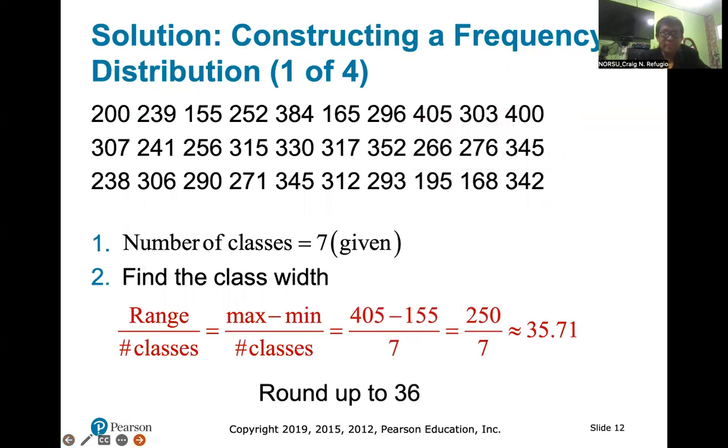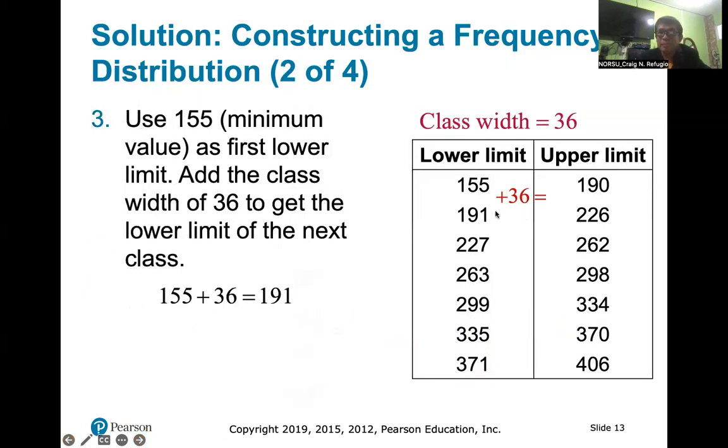So 155 plus 36, 191. And this is the lower limit, and we are going to find the upper limit in here. Before 191, it is actually 190. So we add 36 to 155 and also 36 to 190. So 190 plus 36 is 226.